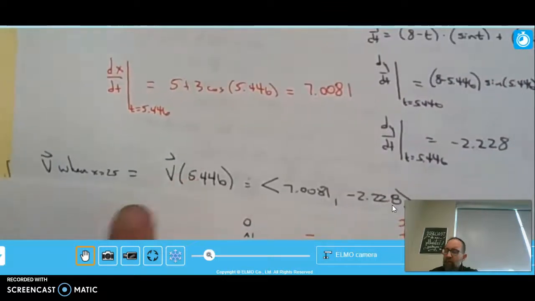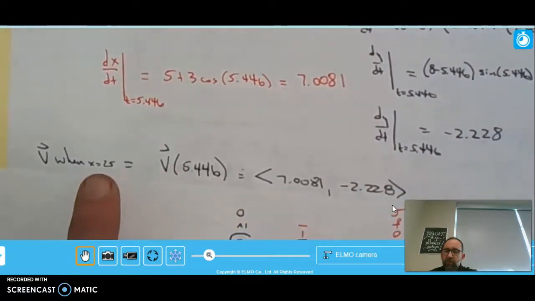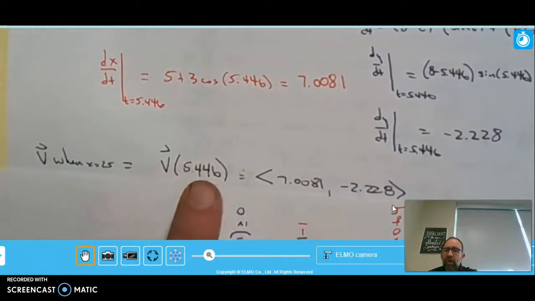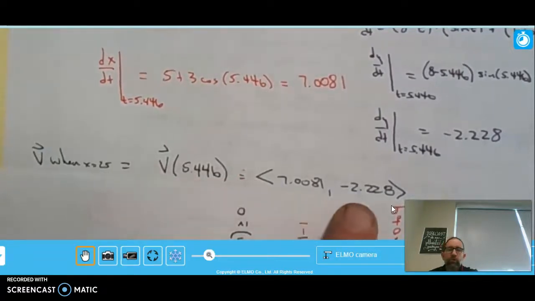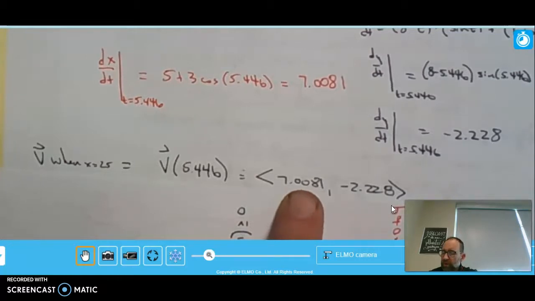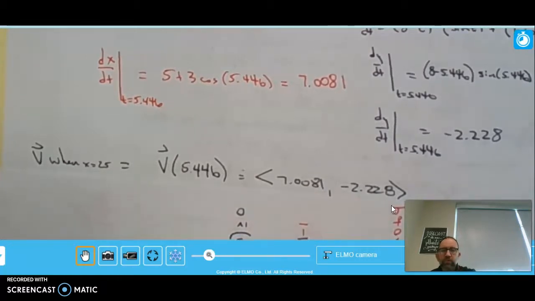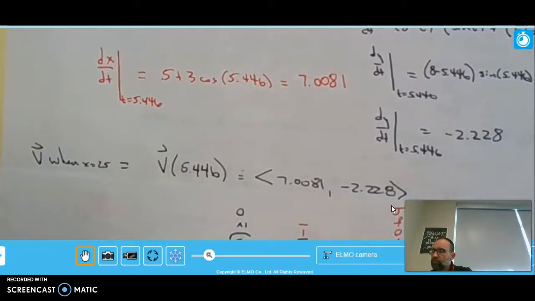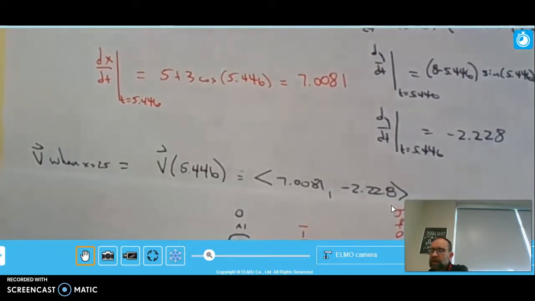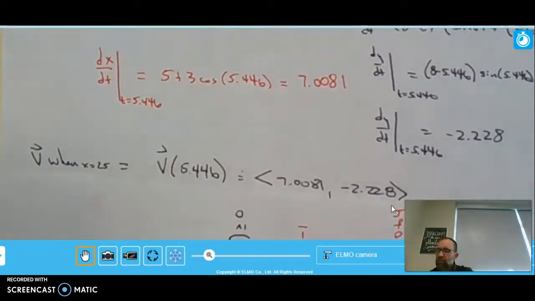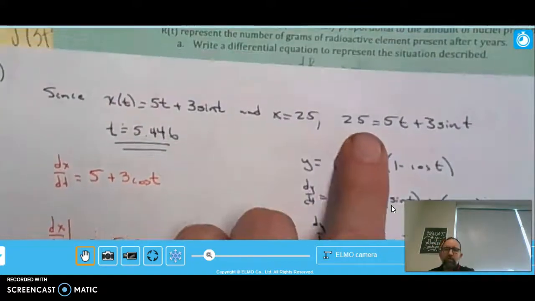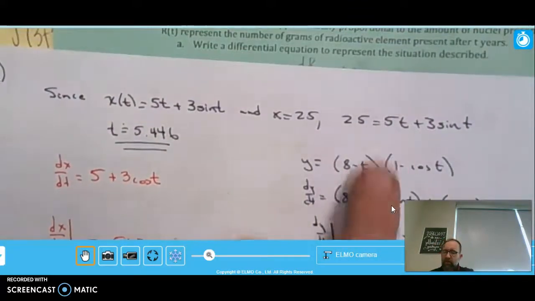So the velocity vector when x is 25, when time is 5.446, will be the horizontal component and the vertical component that you see here. Again, this would be a calculator question, because in order to solve the equation that you see right here, we needed to use our calculator.